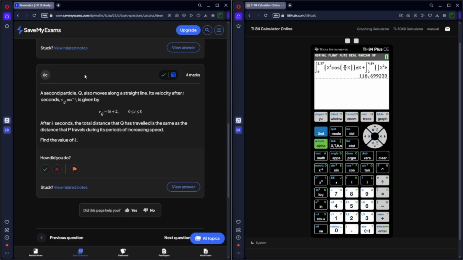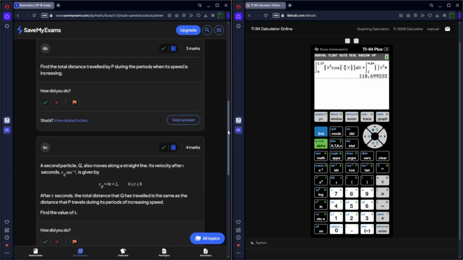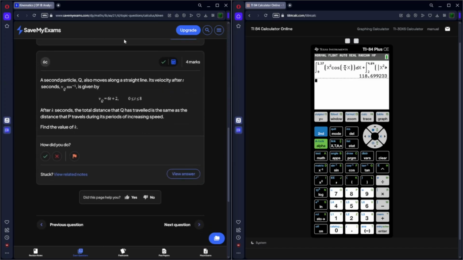As in like 6A, B, C, and so on. This one only goes up to C, so it's probably at the end of section 1. So this is one that you want to get through fast, and it's kind of hard because of how long it takes to write out these integrals. But trust me, when you have the actual handheld calculator, it's much faster. Okay, so a second particle Q also moves along a straight line.